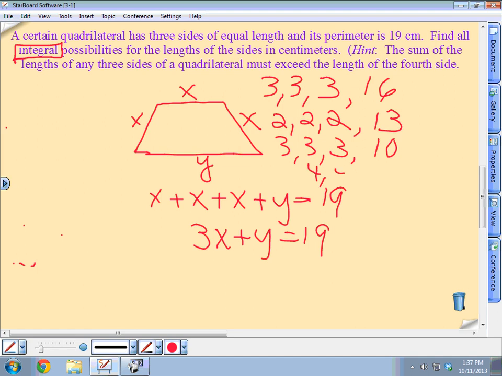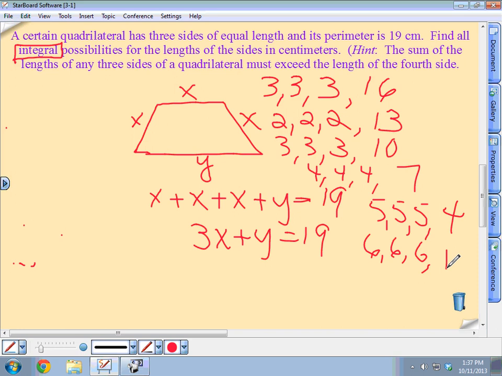If the sides are all 4, what is it? 7. And if those sides are all 5, what's the last side? 4. What if they're all 6? It's 1. Okay. They can't be 7 because that would be 21.